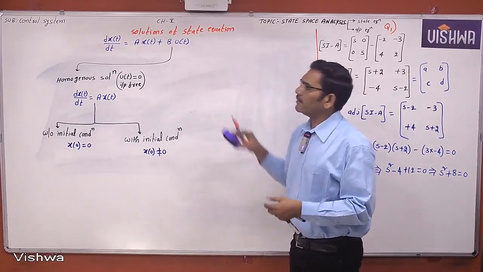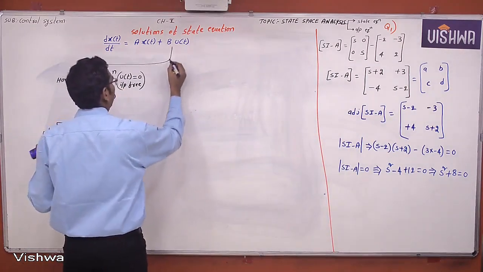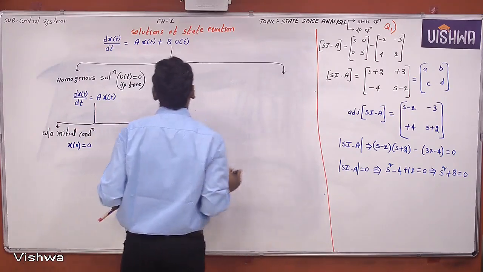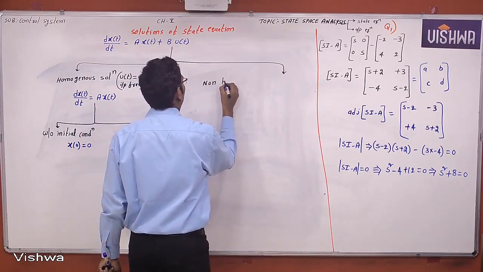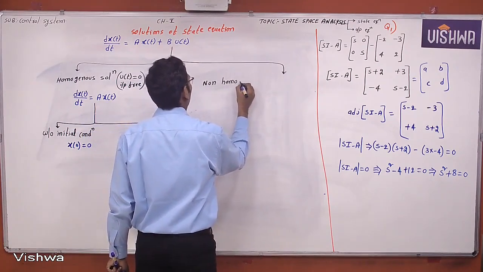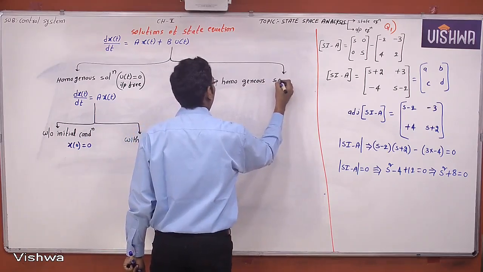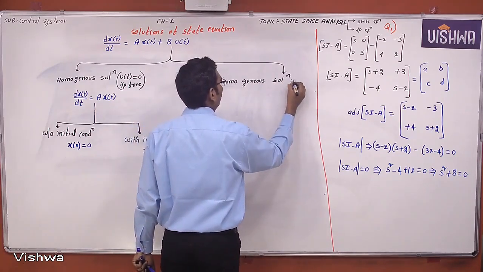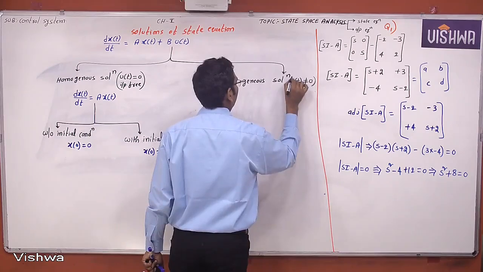And there is another thing here. For this state equation, another solution is the non-homogeneous solution. The non-homogeneous solution means u(t) should be present, u(t) is not equal to 0.